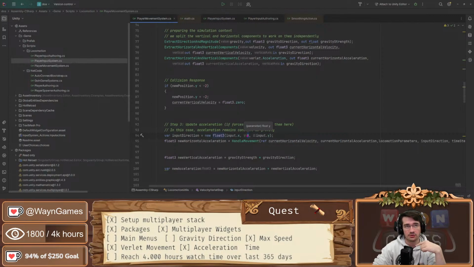But if it was like a planetoid, the projection would not be correct.